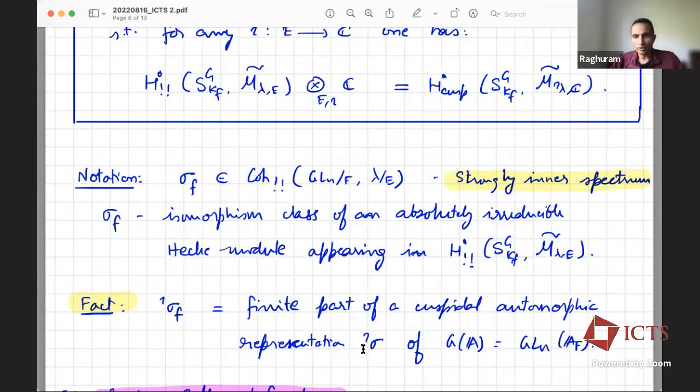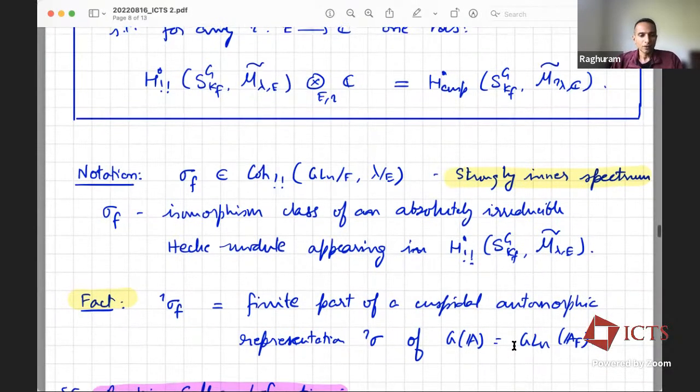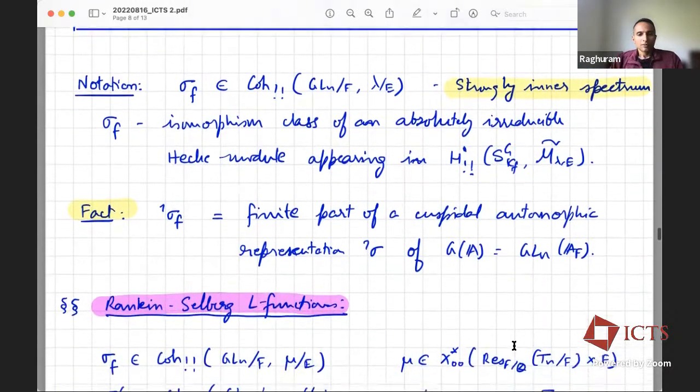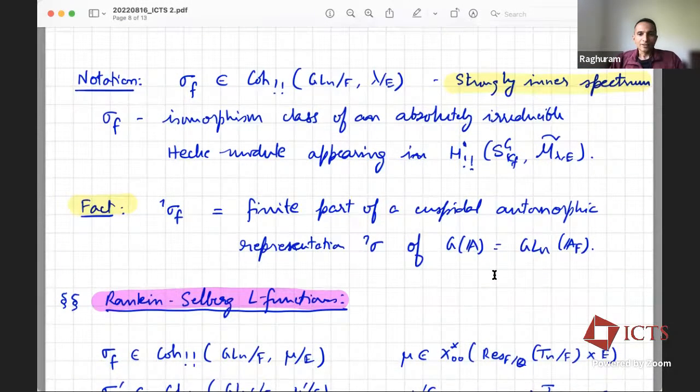I'm going to denote that iota sigma of GA, which is the same as GLN AF. Well, technically, since I have a level structure here, this iota sigma is the KF invariants of the finite part of a cuspidal automorphic representation. That level structure is baggage you have to carry through, but we can ignore it for most of this kind of talk.